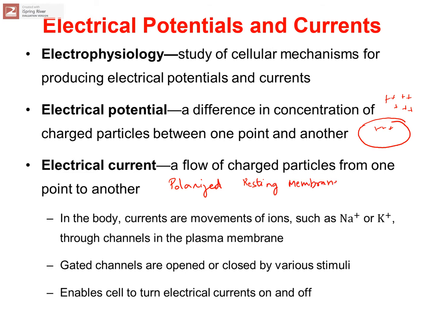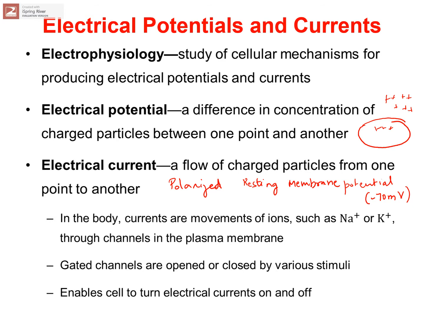That is, the charge of the cell at rest when it is not being stimulated is called a resting membrane potential. For a neuron, the resting membrane potential is negative millivolts, and the cells in general have more negative particles on the inside than outside, and they have more positive charges outside the cell.